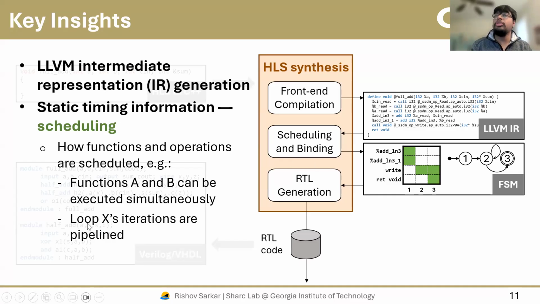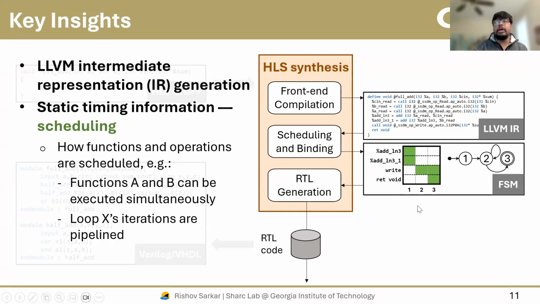And if I have a loop and the loop iterations are pipelined, then it will schedule that accordingly, where you have different stages that the pipeline can be in, and it will add the state transitions between those. So basically, this is just deciding.